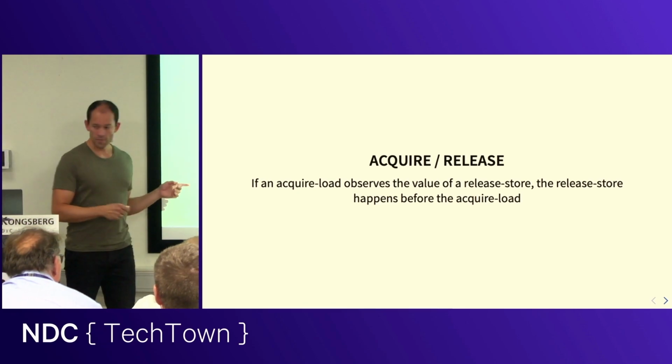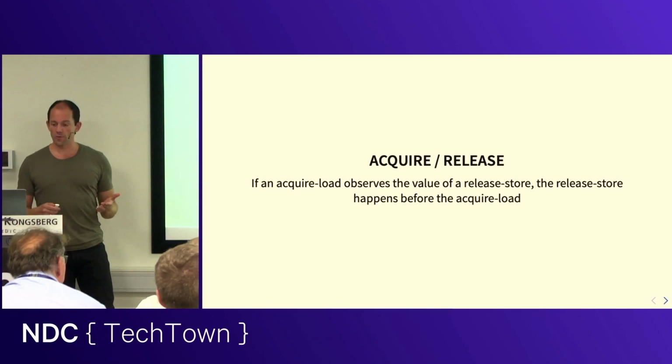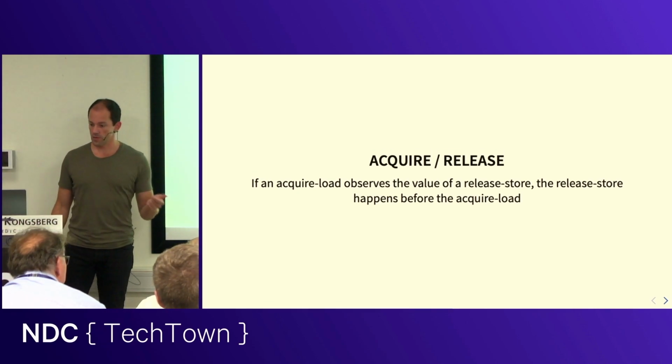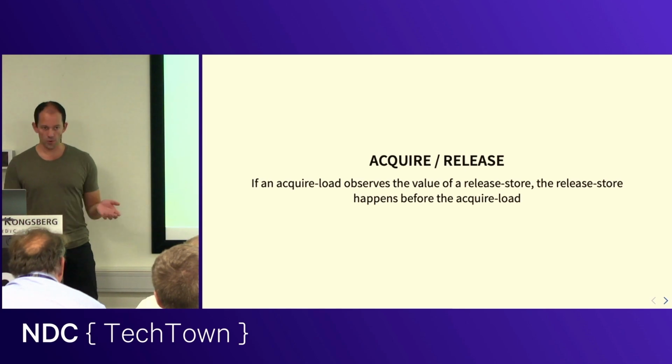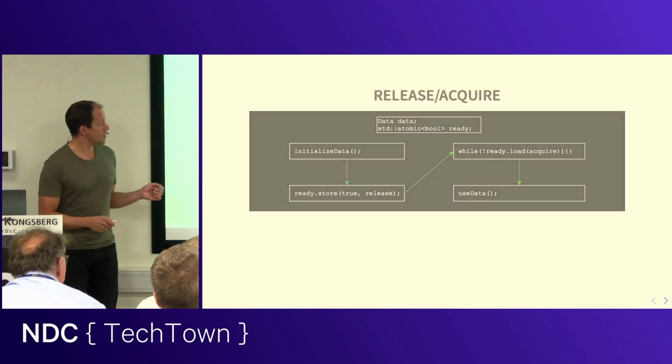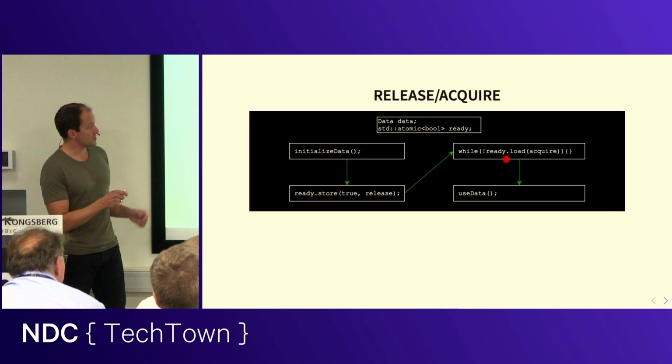It says, if an acquire load observes the value of a release store, the release store happens before the acquire load. So if this acquire load observes the write from this release store, the arrow is now green.